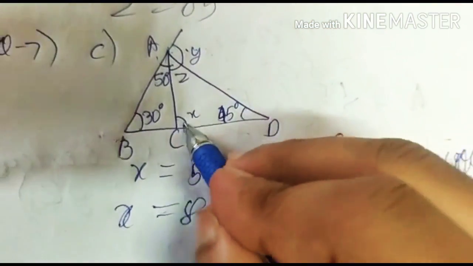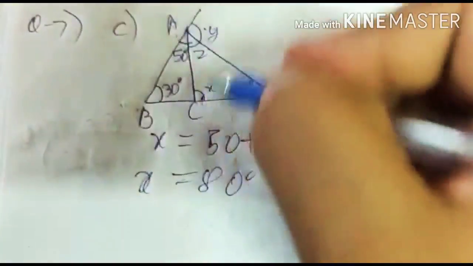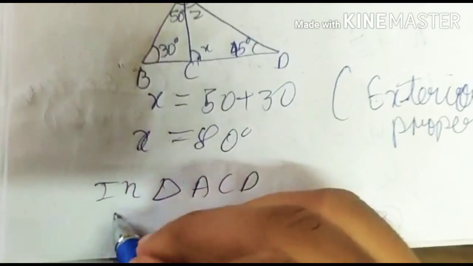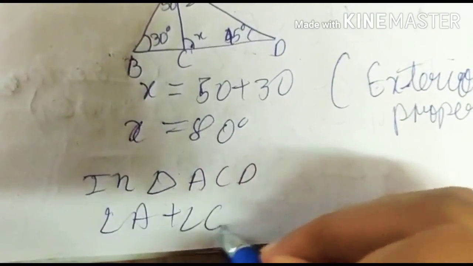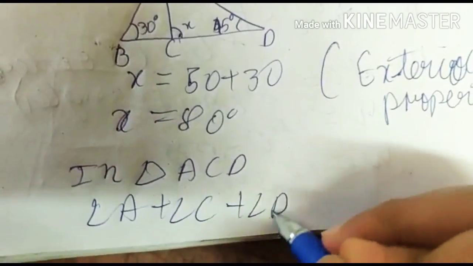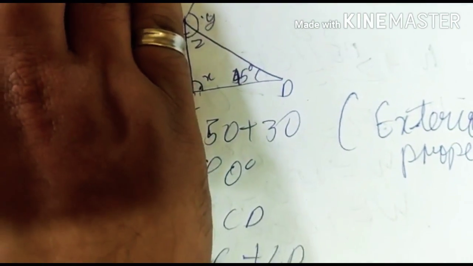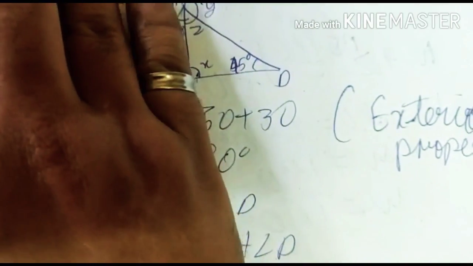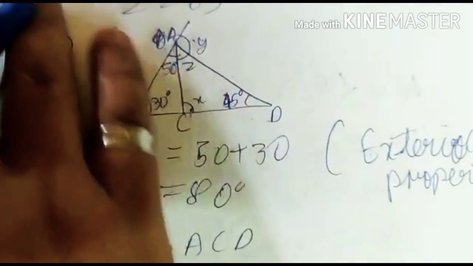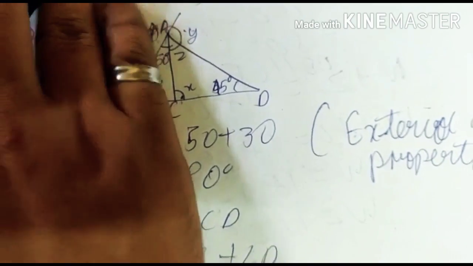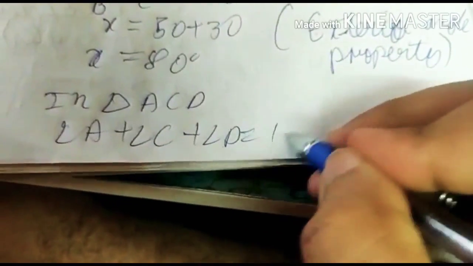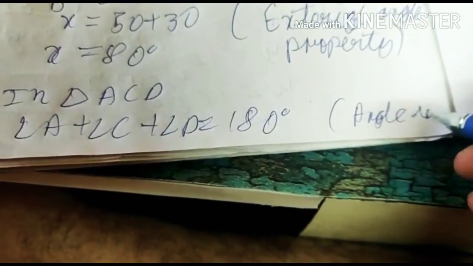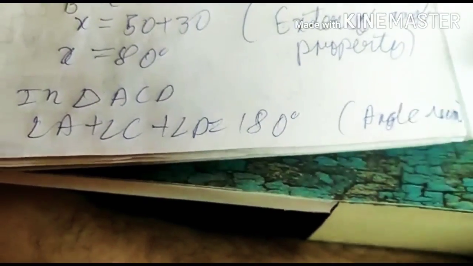If we see x is 80 degree, in triangle ACD, angle A plus angle C plus angle D. This is A, this is C, this is D. In this triangle, the sum of all three angles is always 180 degree. Angle sum property.